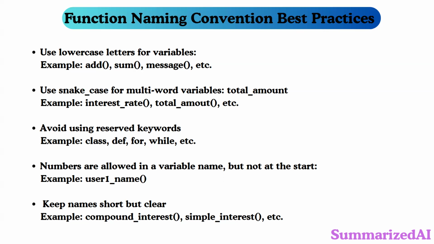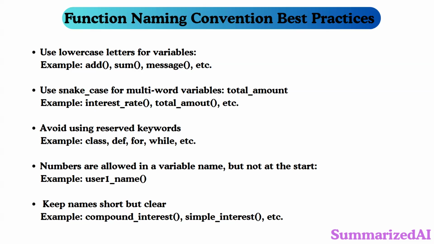For example, if someone names it calculate_sum, but inside that function you're calculating the interest, the name says calculate sum, which doesn't make sense. So we have to keep names short and clear so that developers can understand.